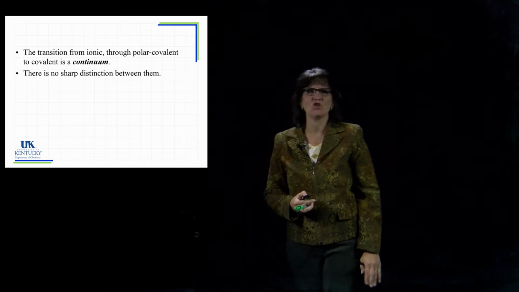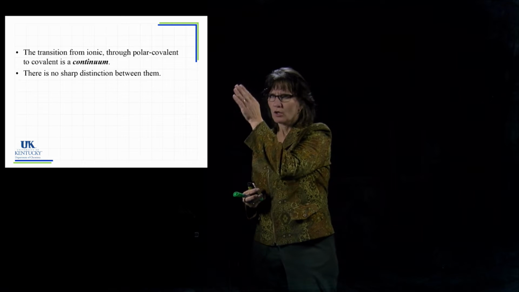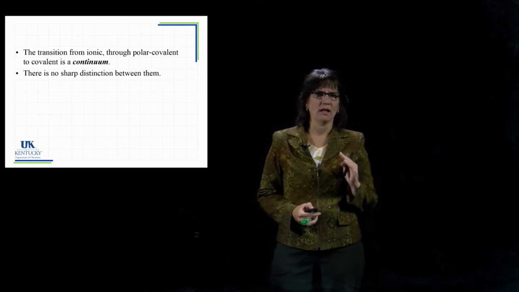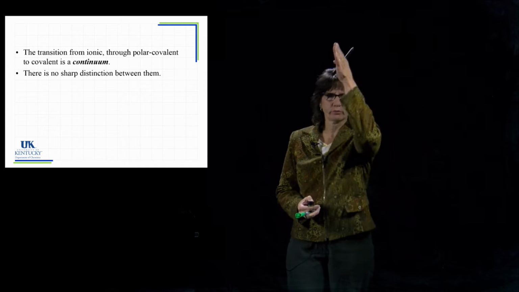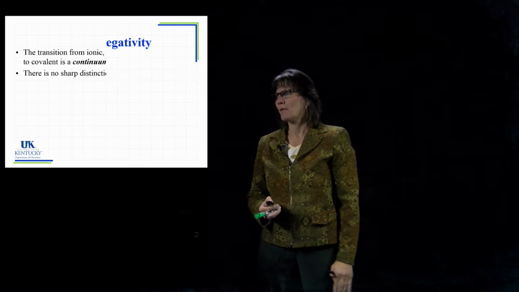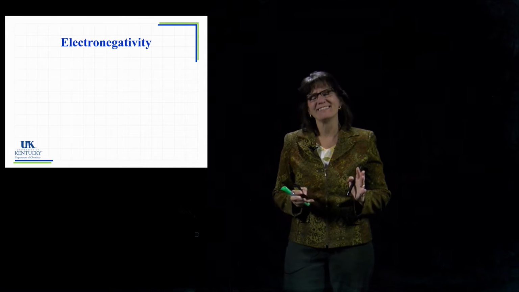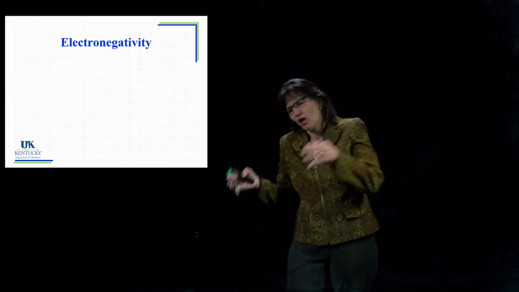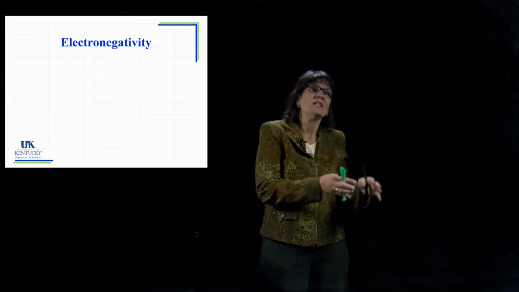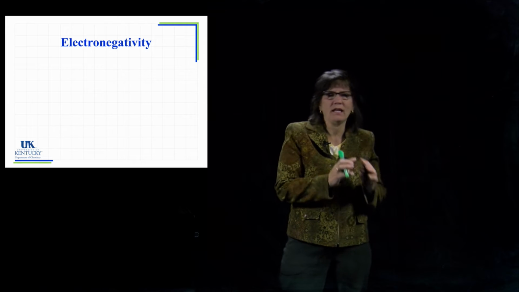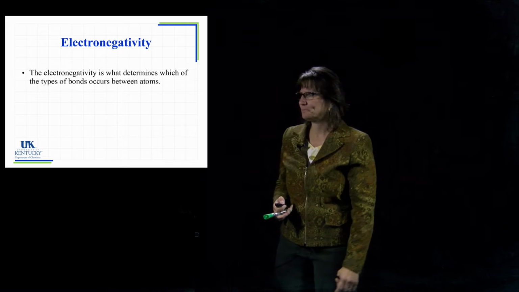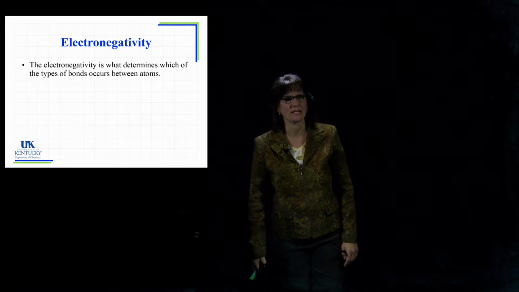There's no sharp distinction between ionic and covalent. There is no hard and fast line. But we do define it, and we say, since this is mostly ionic, let's call them ionic. Since this is mostly sharing, we'll call it covalent, and then we'll talk about that middle ground. Okay, we have to define something called electronegativity.